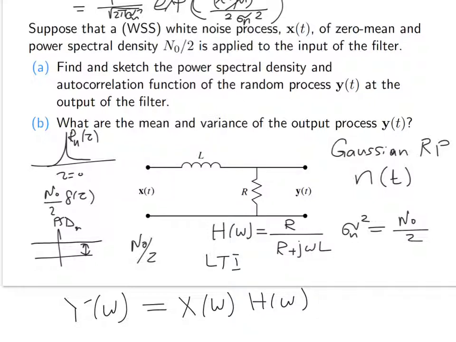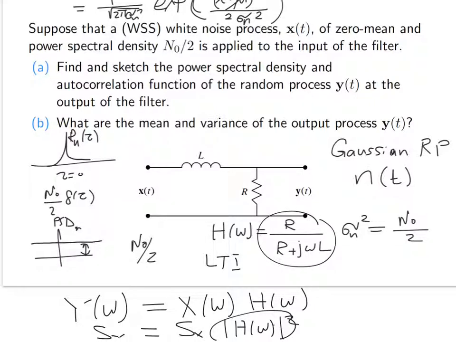So we have to put the other relation. What's the other relation for power spectral densities? S of y is equal to S of x, which is the power spectral density of the input, multiplied by the magnitude of H of omega squared, right? So please calculate this from this, and then give me the expression of Sy.